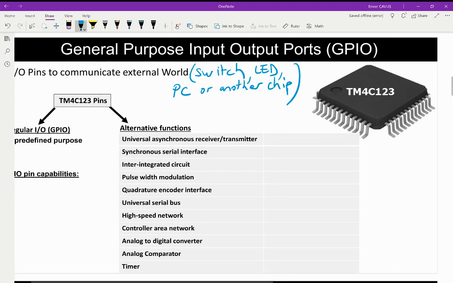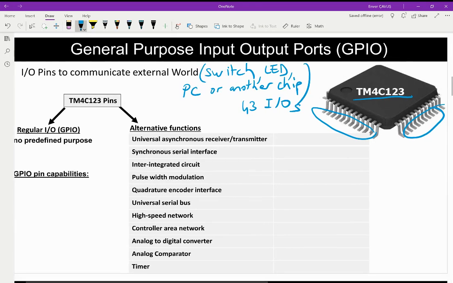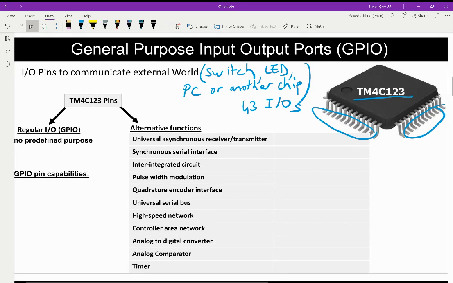So here is our microcontroller chip, which is called TM4C123. In total, we have 43 IOs, and these 43 IOs can be configured as a regular IO or as an alternative function.